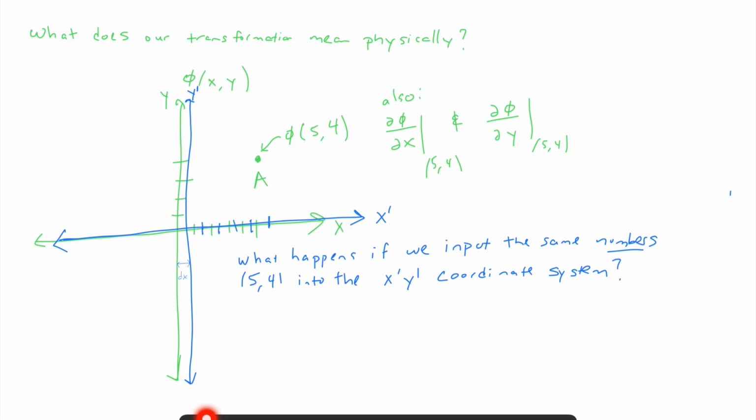But because their coordinate system is displaced, they're actually talking about a slightly different point in space. So when they put 5, 4 into their coordinate system, they're talking about this point in space versus the first guy who's not primed is talking about this point in space. So what is the relationship between these two points in space?